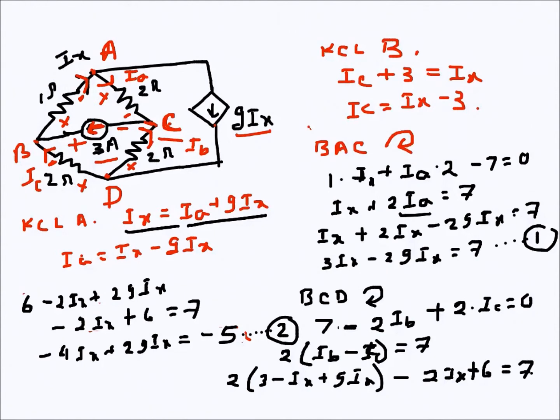Now, looking at equation 1 and 2, we can see there are two unknowns, Ix and G, and these are two simultaneous equations, so we can just solve them to find the value of G. I won't do the solution because it should be simple. What we can do is multiply 1 by 4 and 2 by 3 and then add.